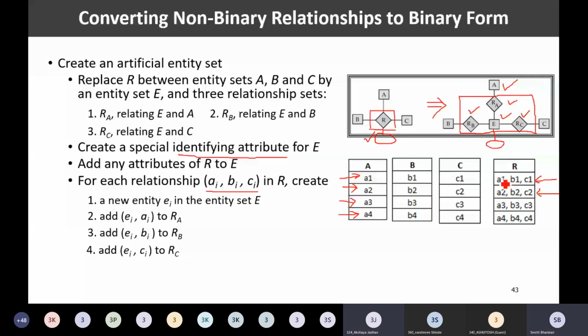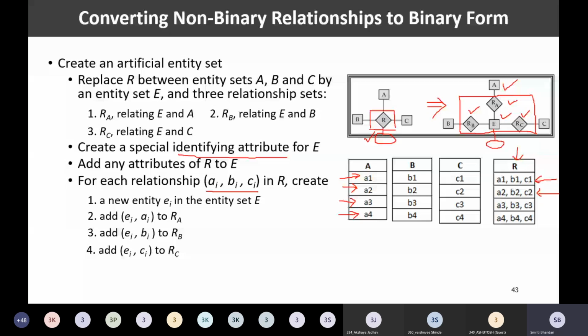Fine. Now, what we are trying to do is convert this ternary relationship set R into this structure, this design, right? So how am I going to store this data now? Typically, this data stored in R needs to be stored in this particular design. Okay.